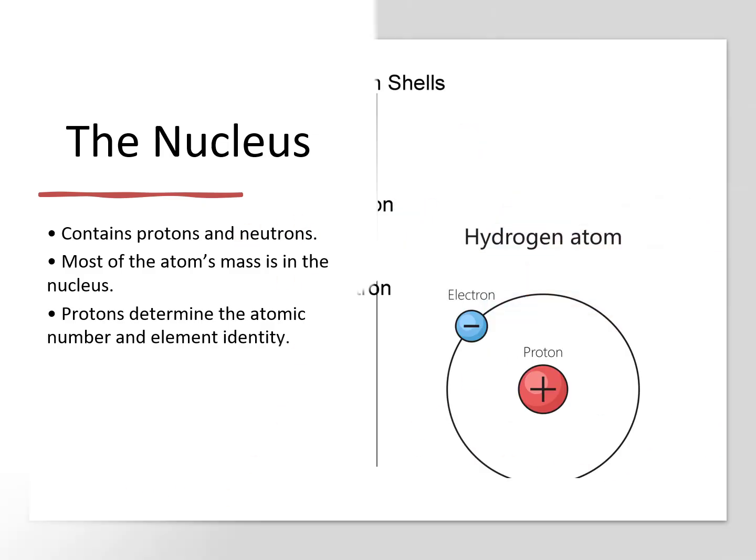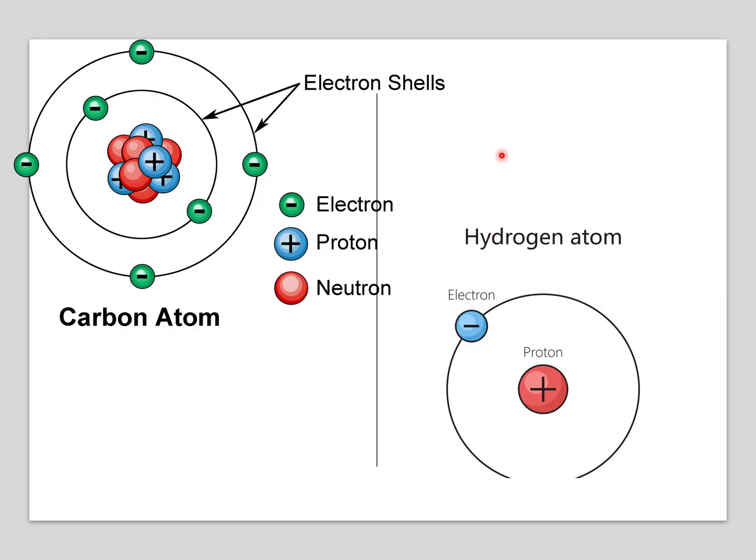For example, every hydrogen atom has one proton. It's right here, proton in the middle. And every carbon atom has six. Almost all the atom's mass comes from the tiny nucleus. Whatever's in the middle, most of the mass is coming from there.